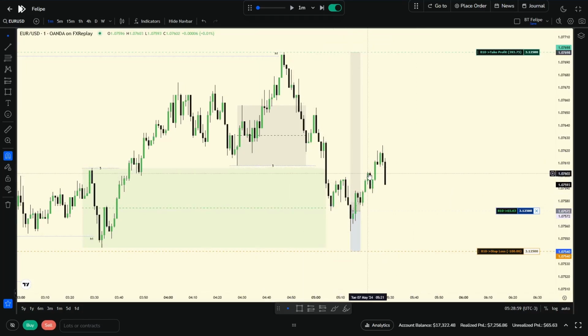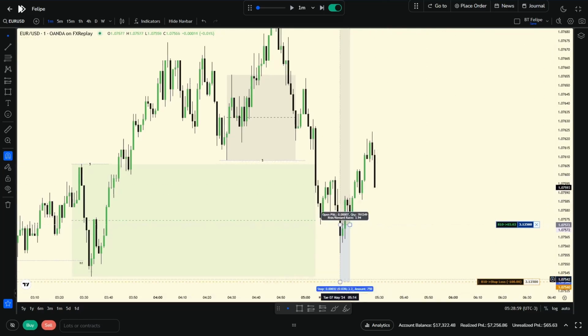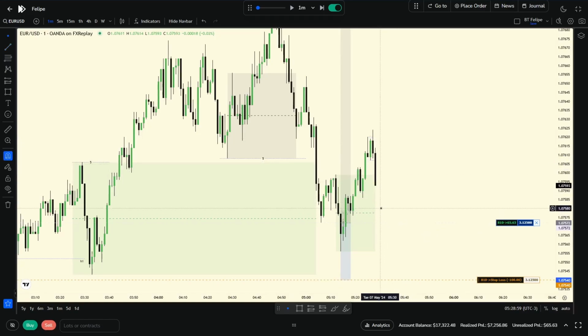Price came down more. Now give M1 manipulation. This would be the confirmation entry. And we have this POI. I want to try to long again here.